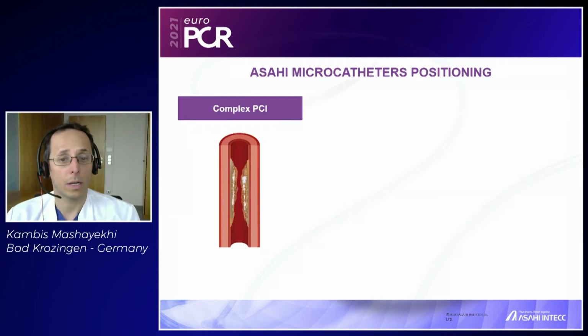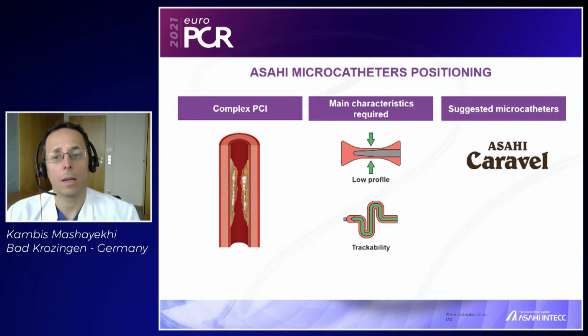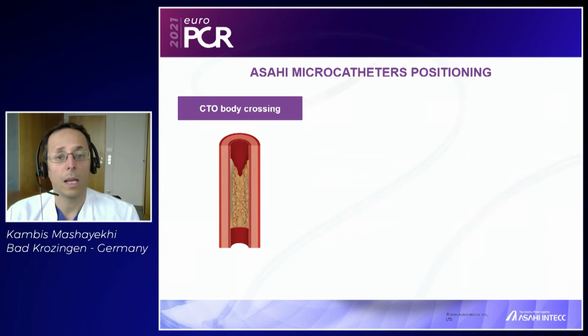Like the Corsair. So once you think about microcatheter positioning for complex PCI, the main characteristics required are low profile and trackability, and I think the Caravelle and the Corsair Pro are very good devices, the Corsair Pro especially when you need higher support and torquability.